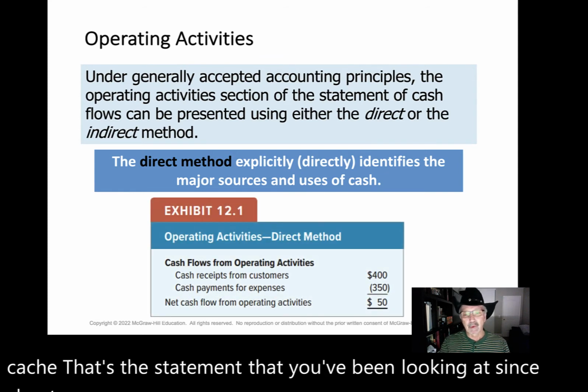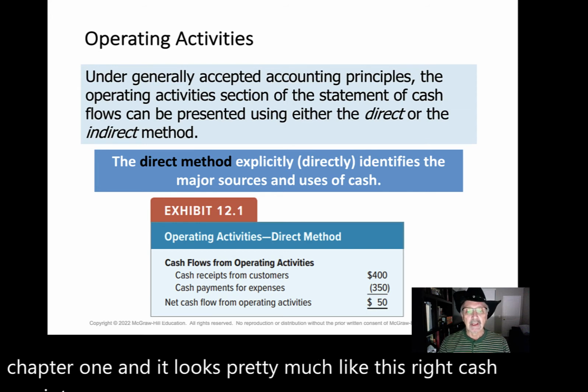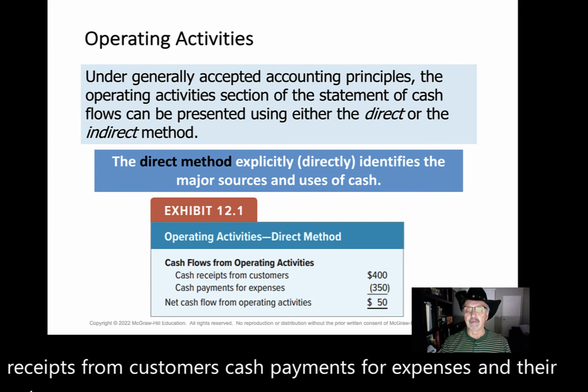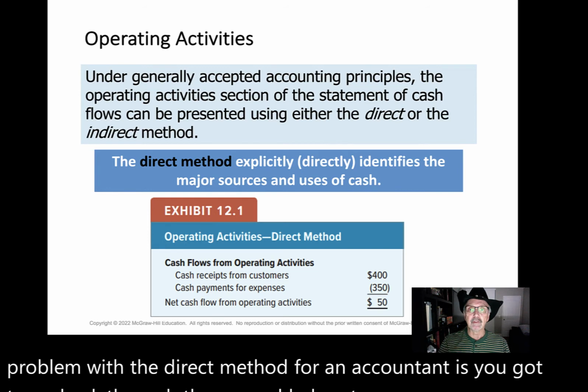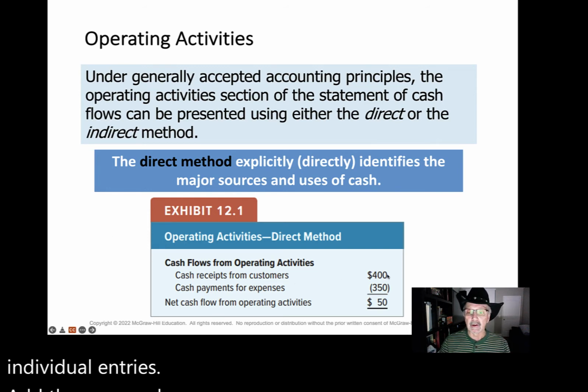And it looks pretty much like this, right? Cash receipts from customers, cash payments for expenses, and then net cash inflow $50. That's the direct method. The problem with the direct method for an accountant is you got to go back through the general ledger to find all these individual entries, add them up, and then put them in here.